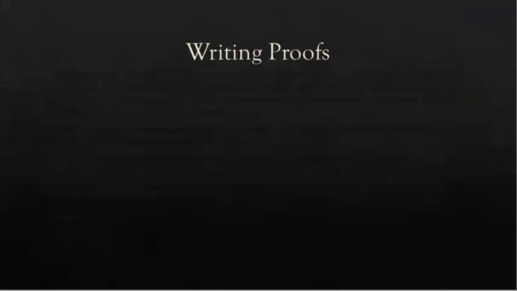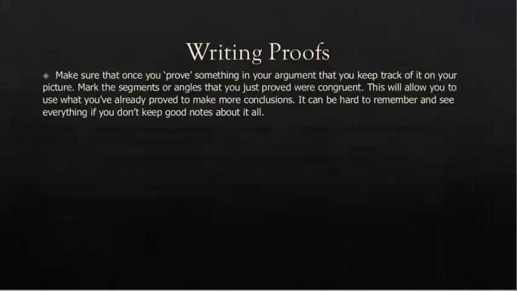So how do we write proofs? Well, we want to make sure that when we prove something in our argument that we're keeping track of it on our picture. In the last one, I drew the congruent angles when I said these vertical angles are congruent. It's a good idea to mark the segments or angles that you just proved were congruent. This allows you to see on your figure what you've already proved so that you can make more conclusions.